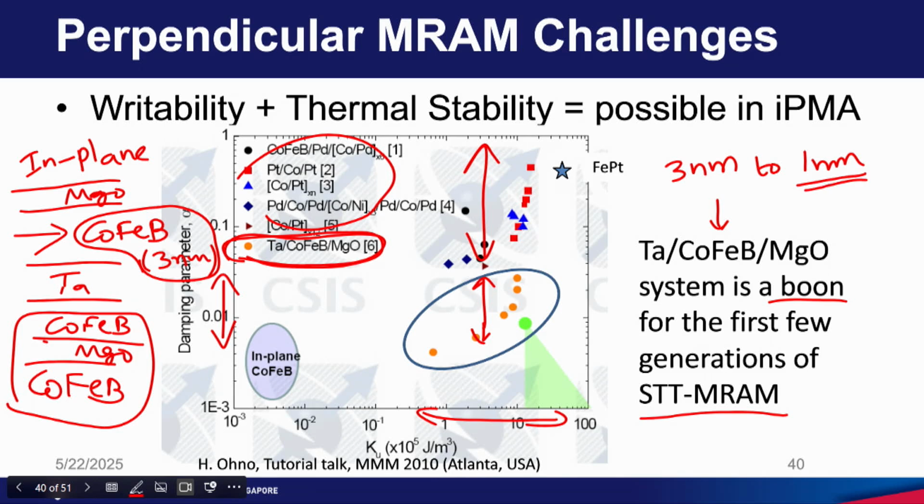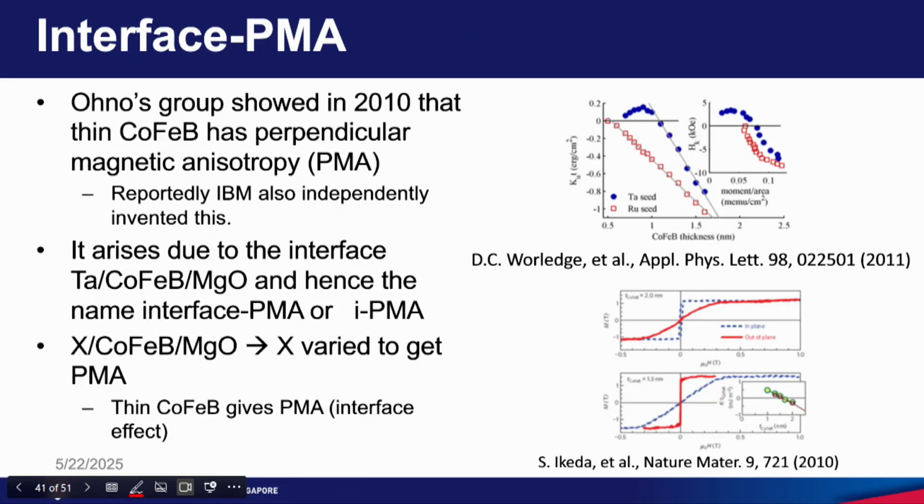So whether we can get some kind of interface anisotropy, like we get in cobalt platinum multilayers, right? So they wanted to see whether we can get some form of interface anisotropy by making this cobalt and boron very thin. Okay, so that's what they were working on, and the Tohoku University group and another group from IBM worked on this concept almost at the same time.